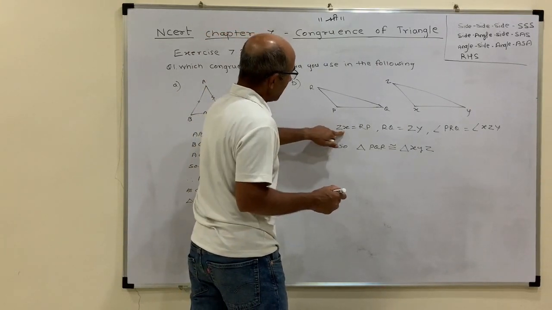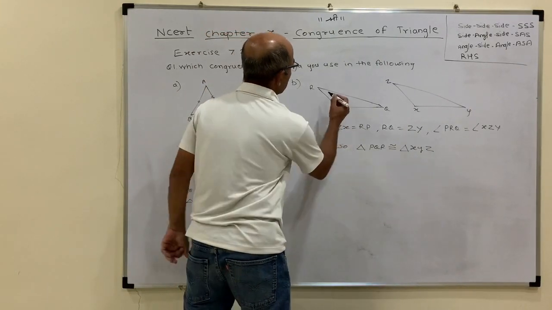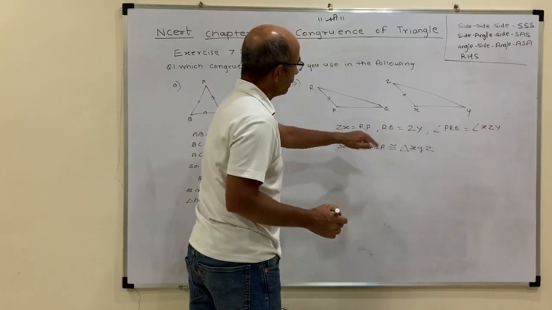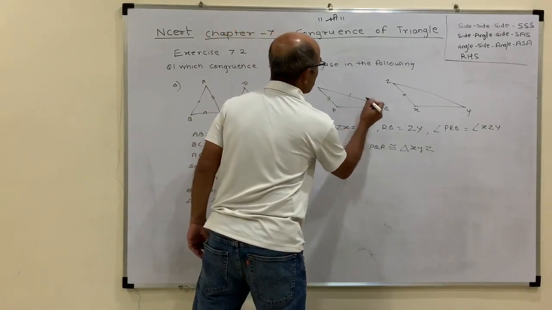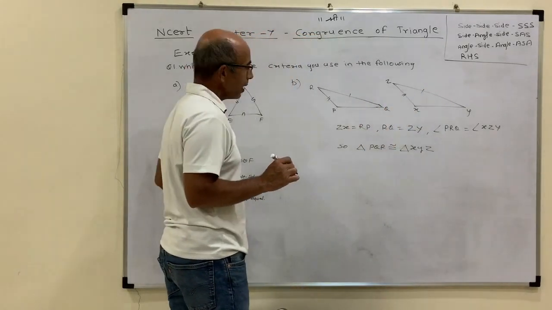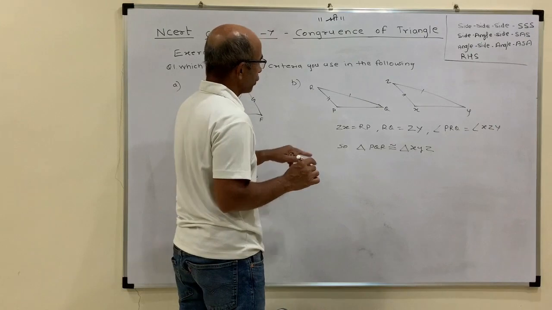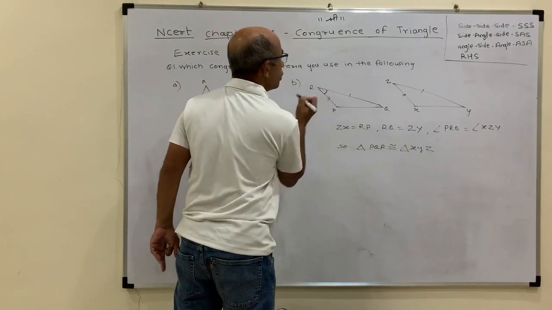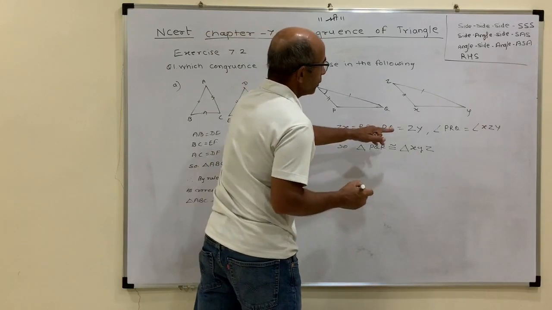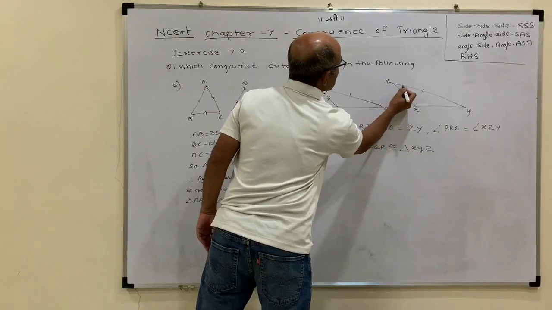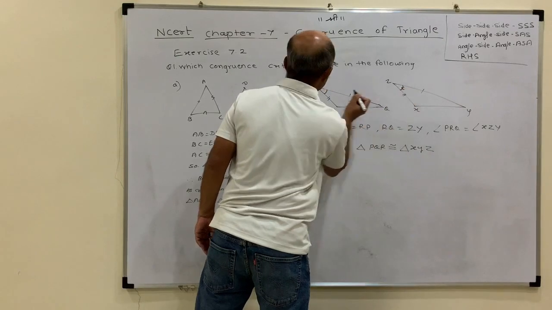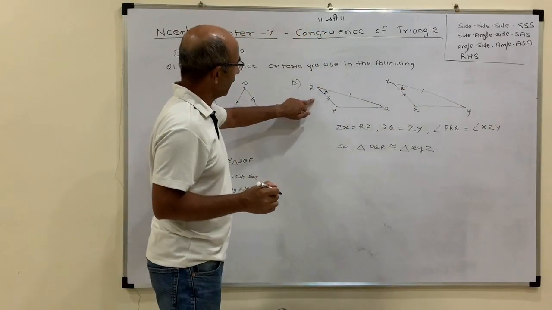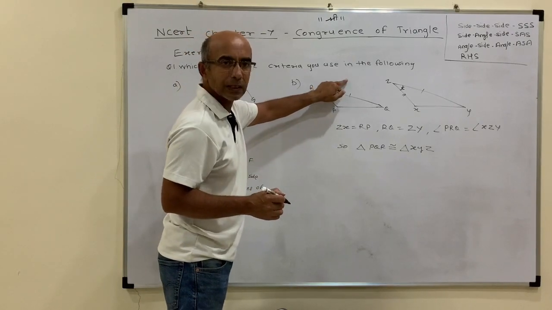ZX is equal to RP, RQ is equal to ZY, and angle PRQ is equal to angle XZY. So here these two angles are equal. So now side, angle and side.